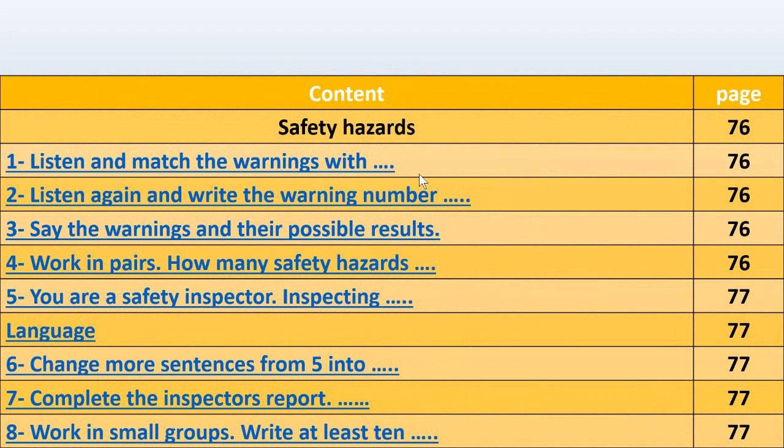If you go to hospitals right now or some restaurants, you will see these signs that warn you or tell you a set of instructions.